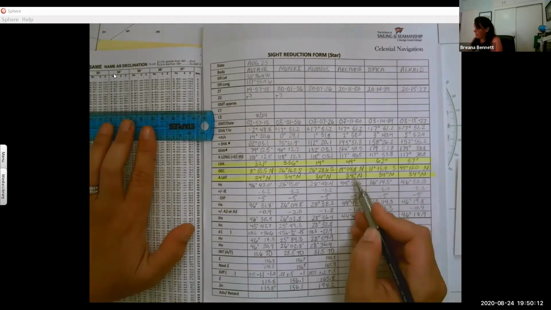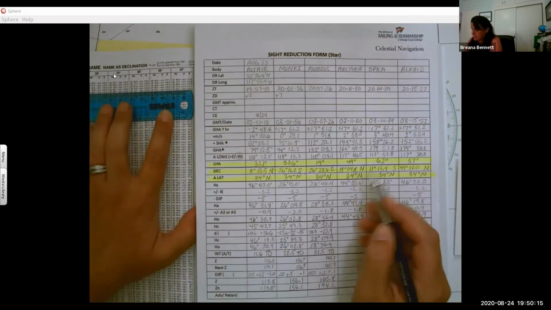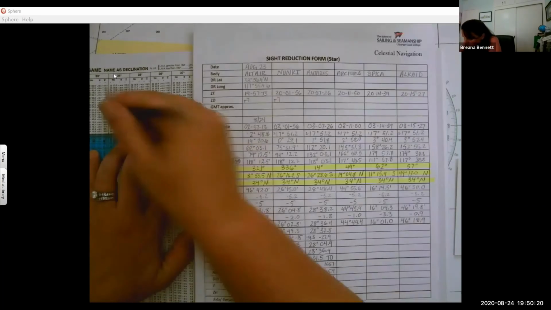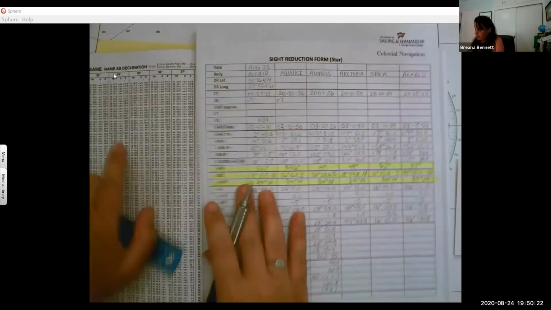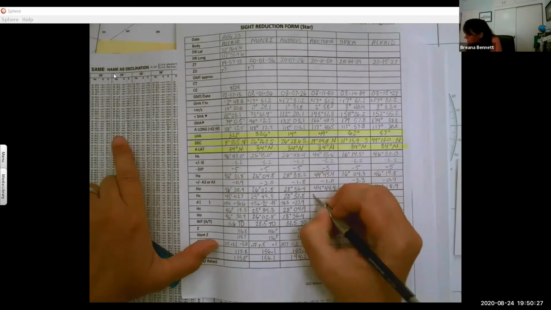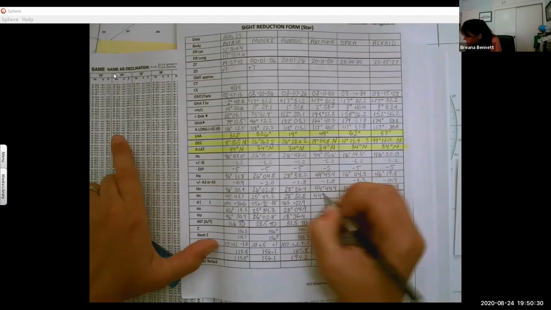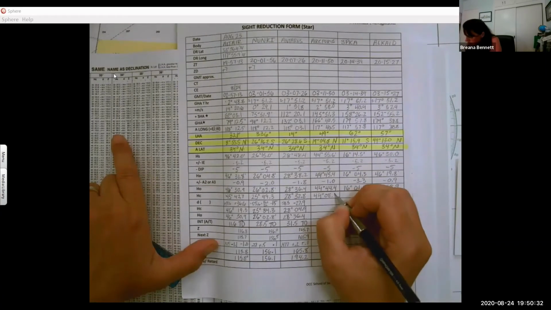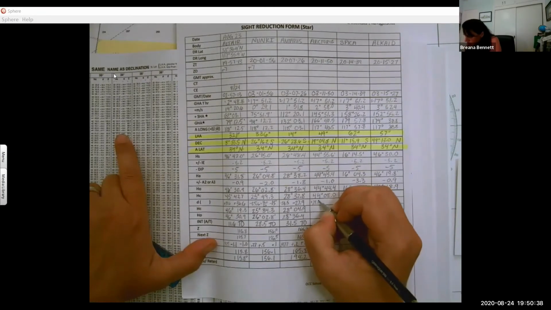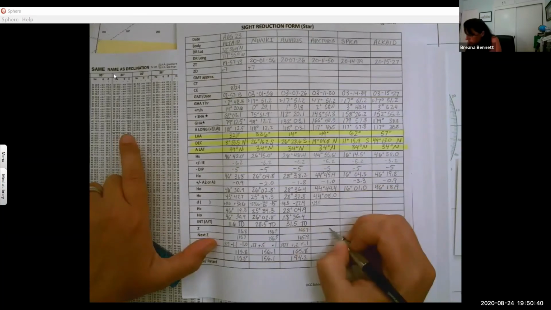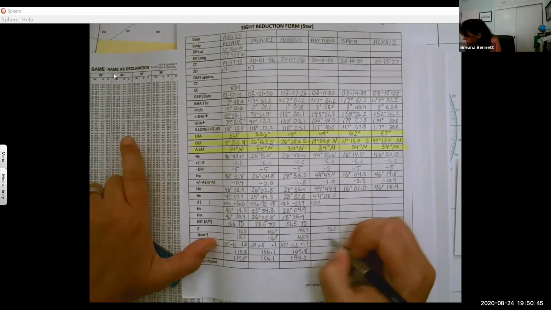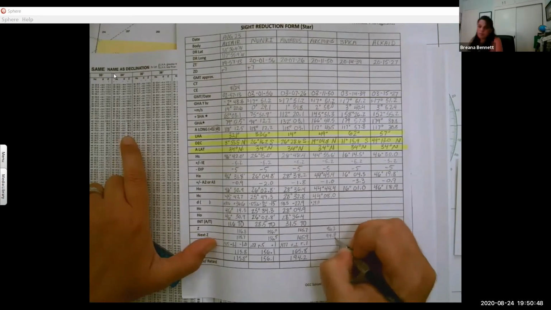LHA is 49, 34, and 19. Okay, so we have our numbers. This was all the 4s. 44 degrees 08.0 plus 29.0. Our Z is 96.2 and 94.9.